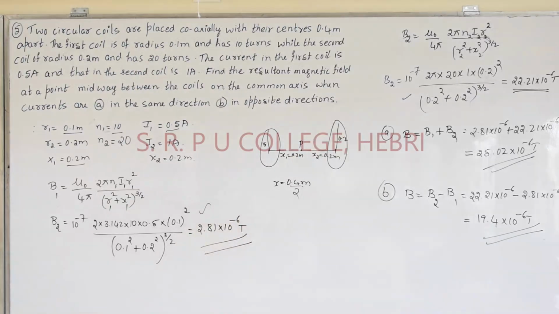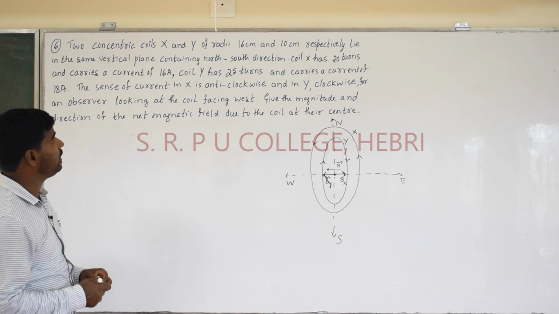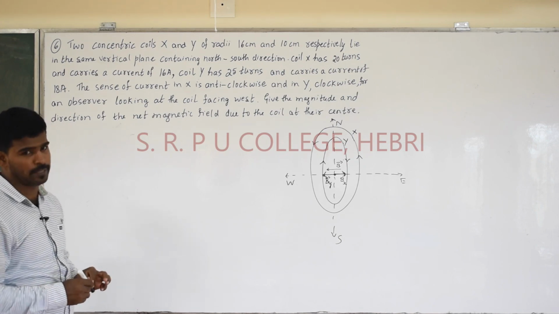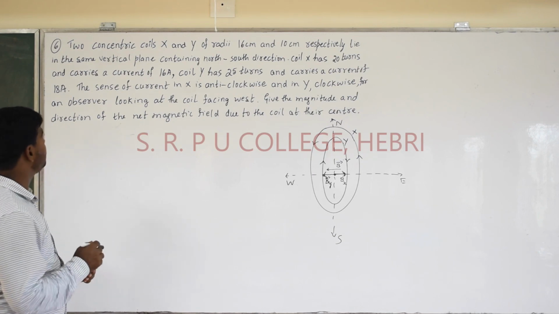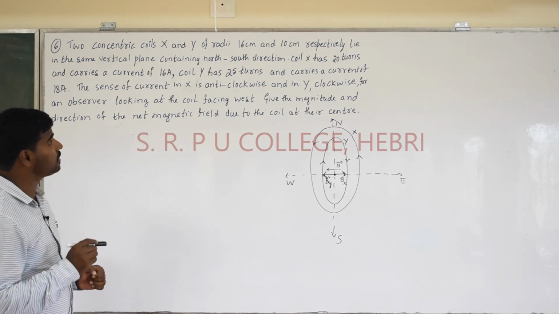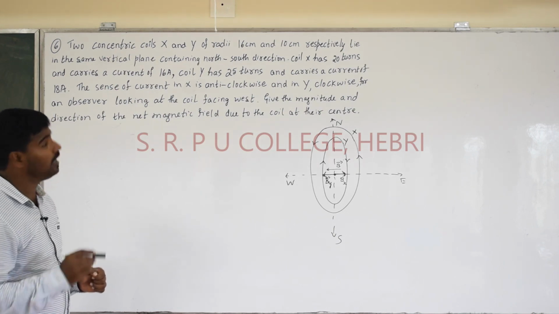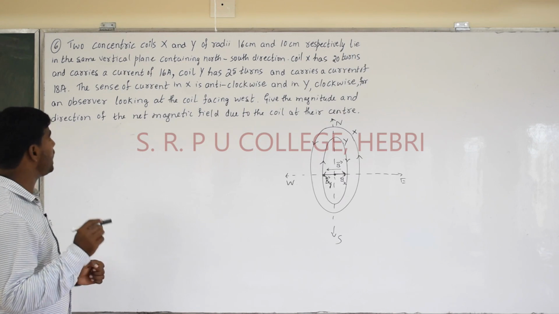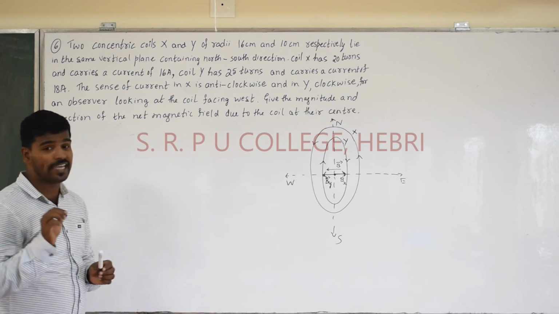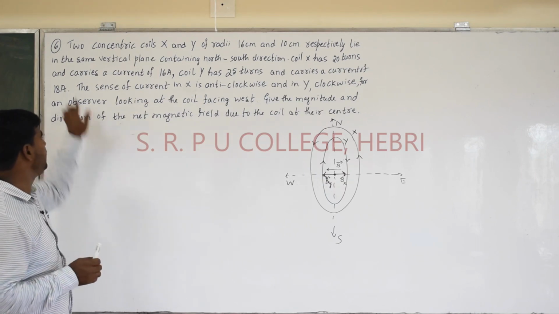Hope you are clear about that. Sixth numerical: two concentric coils X and Y of radii 16 cm and 10 cm respectively lie in the same vertical plane containing the north-south direction. Coil X has 20 turns and carries a current of 16 ampere, and coil Y has 25 turns and carries a current of 18 ampere.